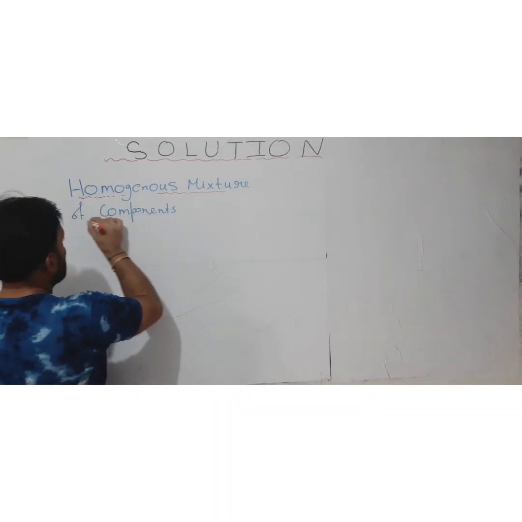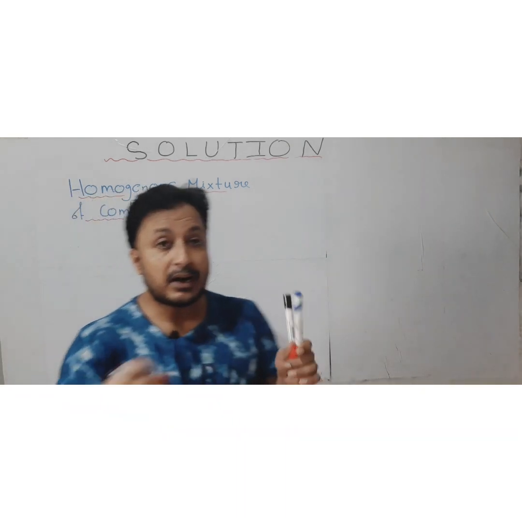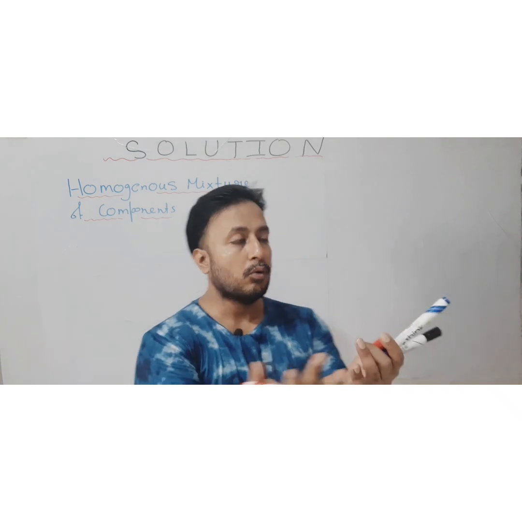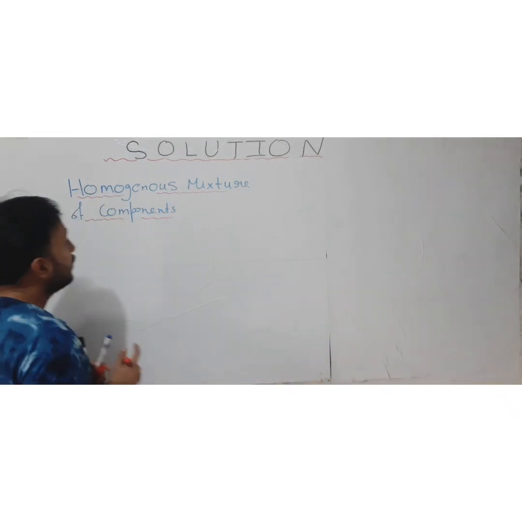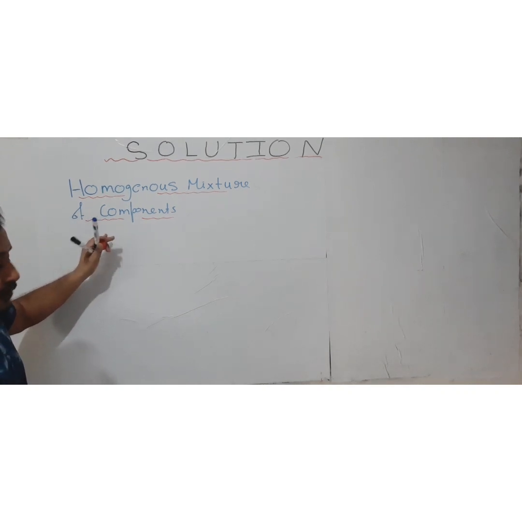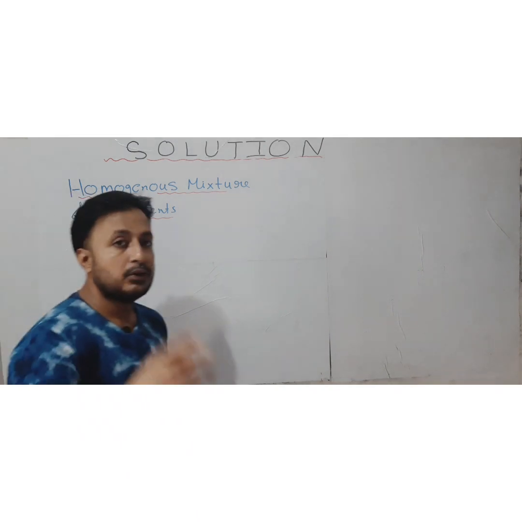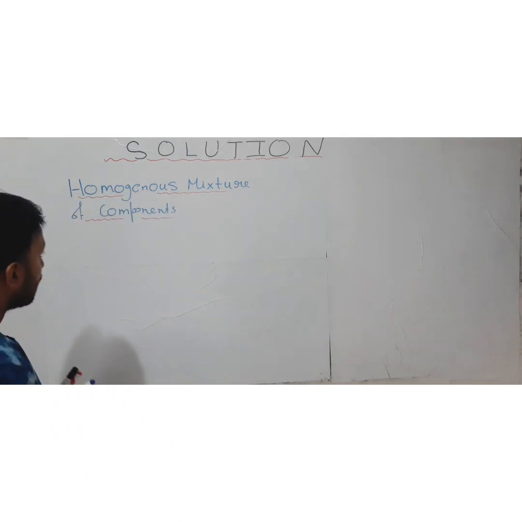Homogeneous mixture means the components are equally distributed in the whole range of the solution. Now these components can be more than two, but basically we study solutions where two components are involved.